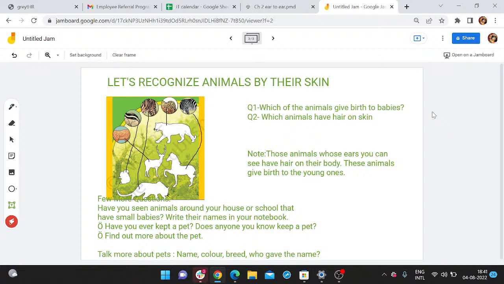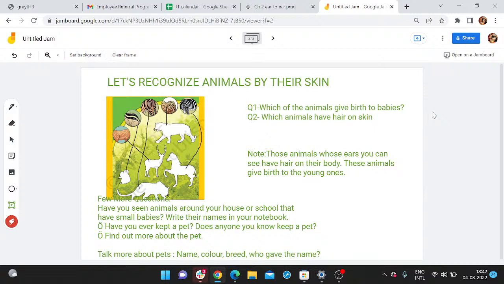You get a good feel by touching them, because they're really soft, and the softness happens because of their hair. And so is the case with the cat. If you touch the cat, she is really soft, she has hair on her body. That means cats and dogs that have visible ears and clear hair on the body, they have babies.